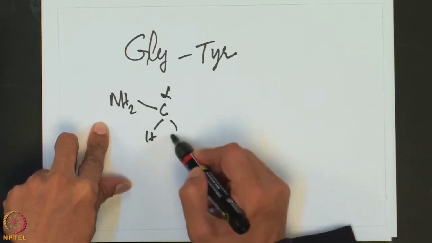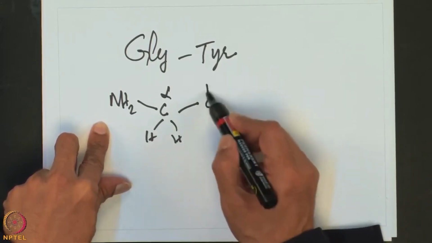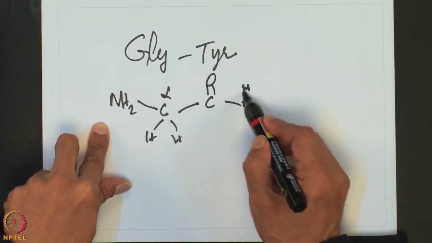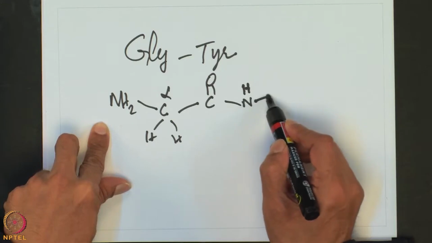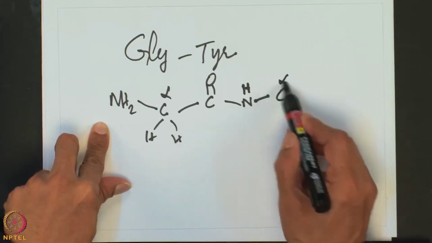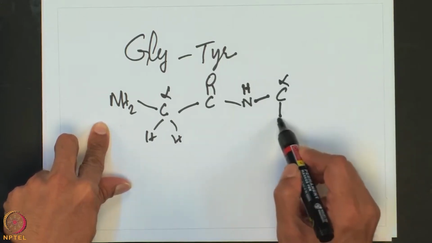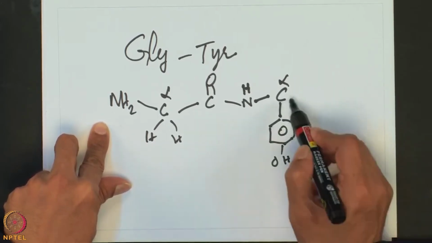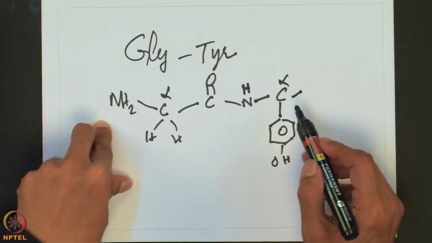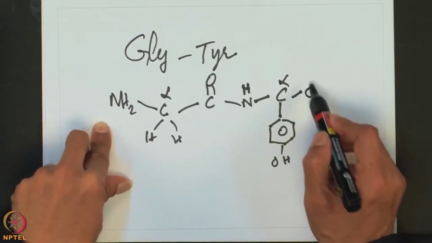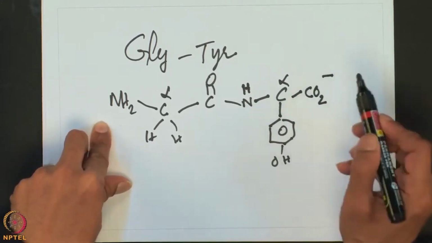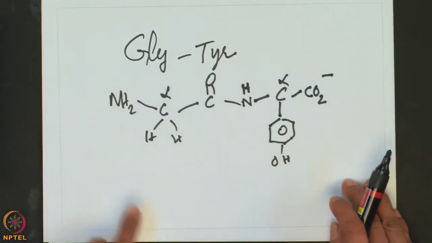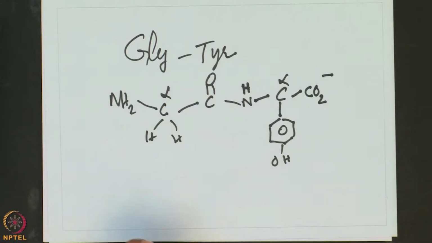Since it is glycine, it will be CH2 and CO, then NH, and then C alpha. Here, since it is a tyrosyl, you will have OH, and you will have the next group, which is CO2 minus. So, this is the amine terminal, this is the carboxyl terminal, this is the glycyl tyrosine.